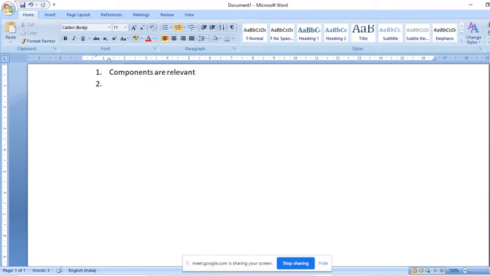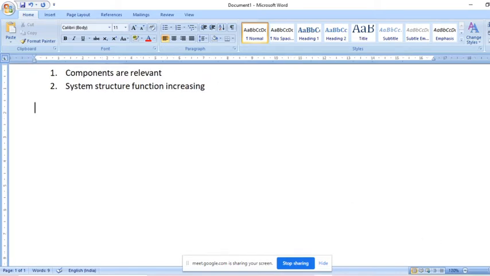Okay, you know what is the definition of relevant. The second condition is the system structure function is increasing. So these are the two conditions for a system to be coherent.